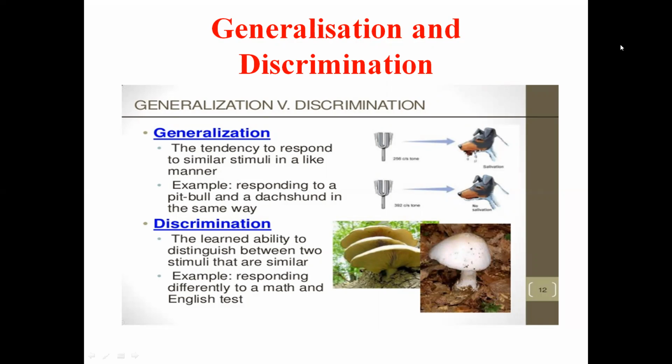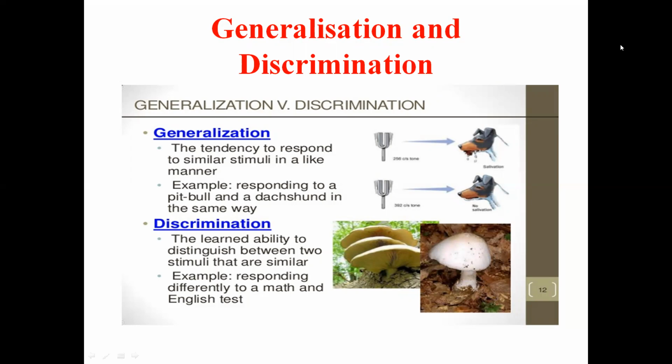Another process which is complementary to generalization is called discrimination, the learned ability to distinguish between two stimuli that are different. For example, you learn to distinguish between the intensity of the response that you need to make to a maths test and also to an English test. For example, if the child is conditioned to be afraid of a person with a long mustache and wearing black clothes, but he meets a person dressed in black clothes with a beard, the child may show signs of fear.